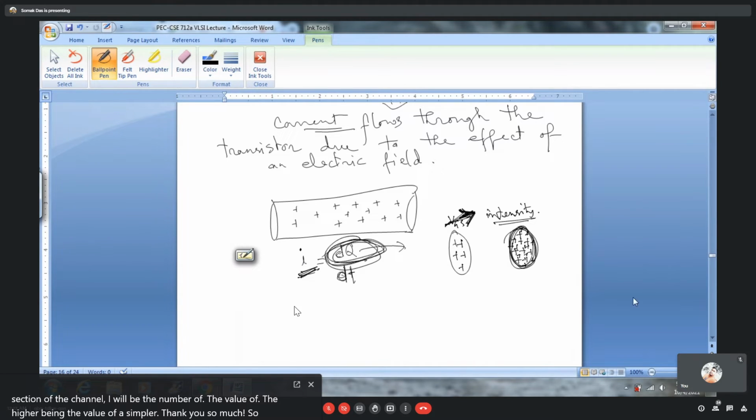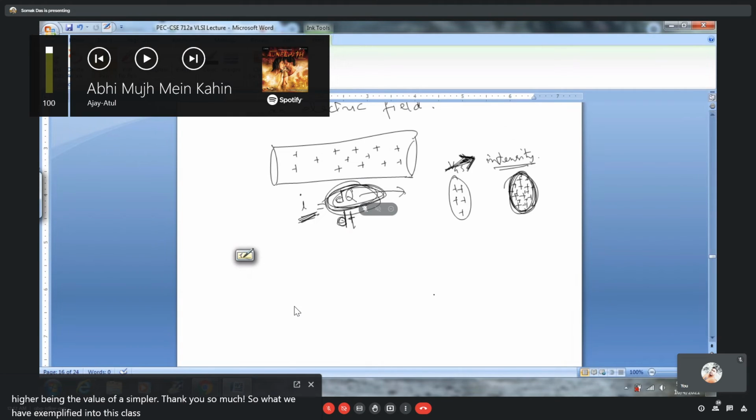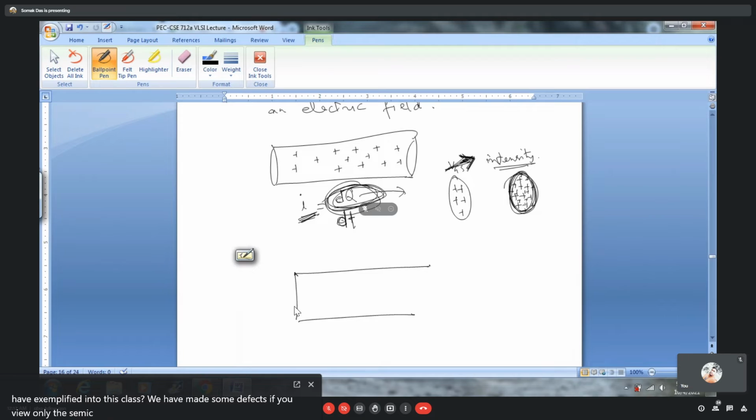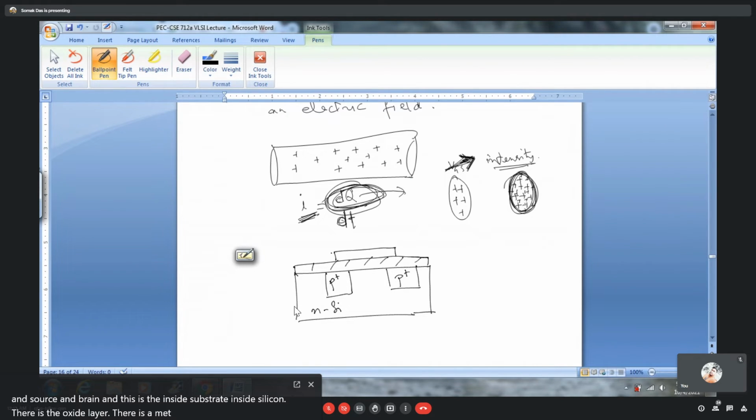So what we have exemplified in today's class, if you view only the semiconductor portion of MOSFET, two P plus regions as source and drain. And this is an N-type substrate, N-type silicon. There is an oxide layer. There is a metal layer.